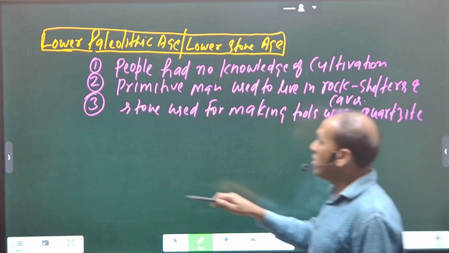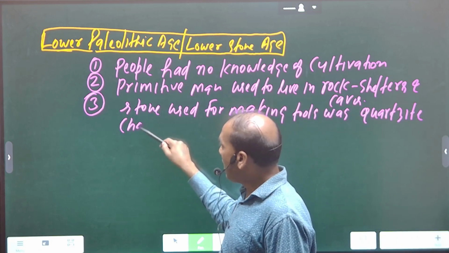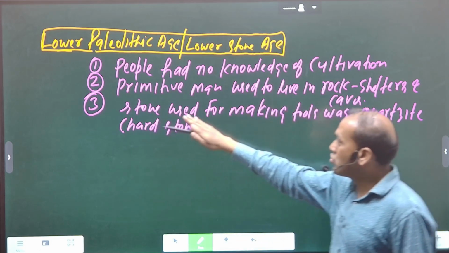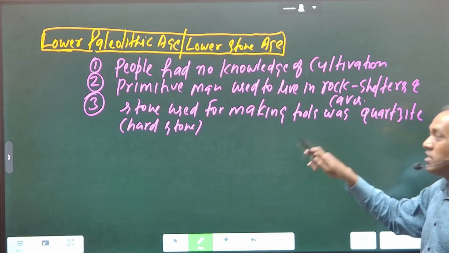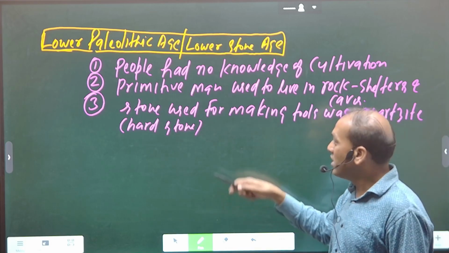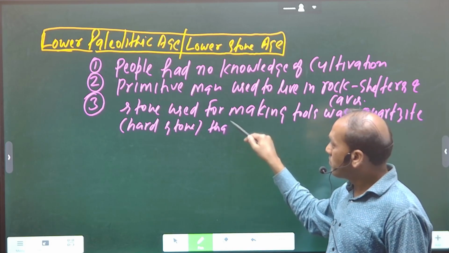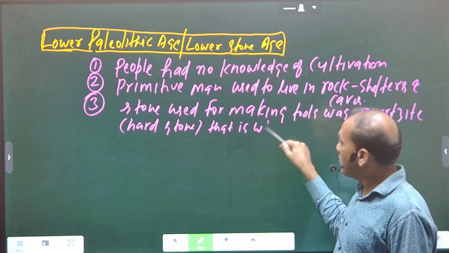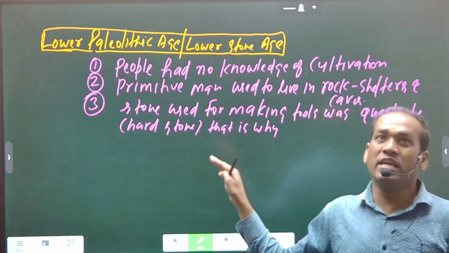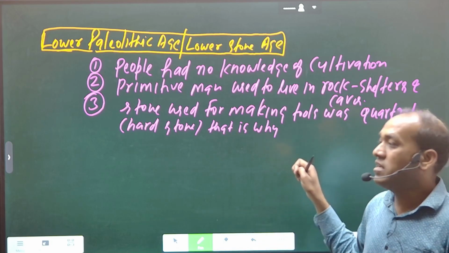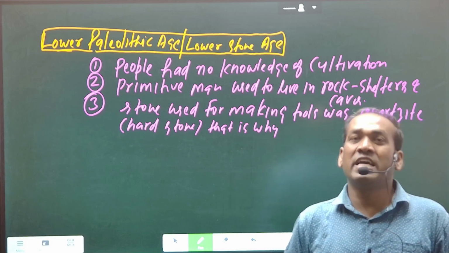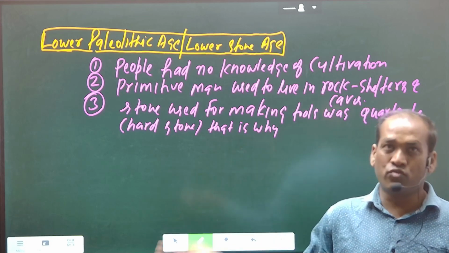Quartzite means hard stone. Okay, so stone used for making tools was quartzite, hard stone. That is why, because in lower Paleolithic age people made maximum use of quartzite stone for making their tools.